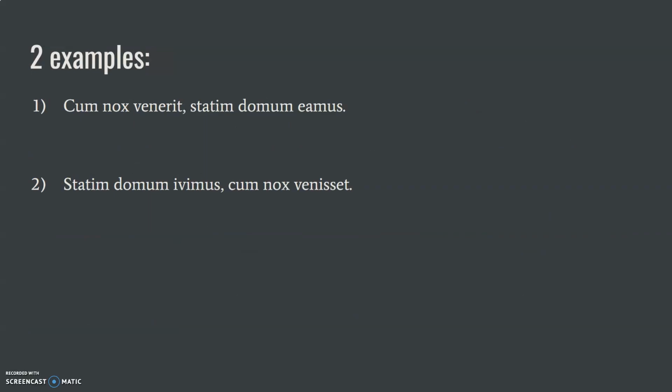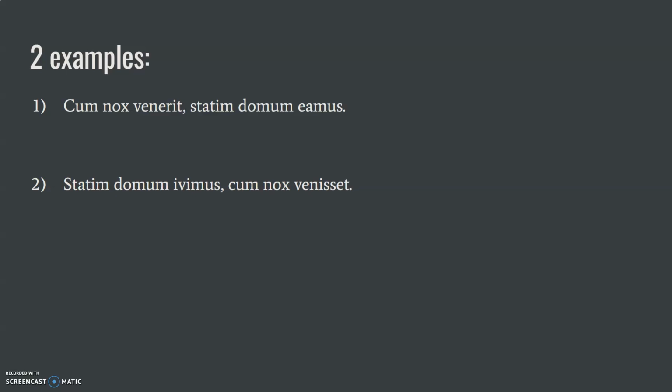Cum nox venerit statim domum eamus. So, once again, split it off. Cum nox venerit, there's our cum clause, starts with cum, ends with the verb. Statim domum eamus. So we have our main verb eamus, we have to figure out what this is. It's coming from ire. Ea helps remind us that it's a subjunctive. So we have an independent subjunctive here. This is hortatory, so let us go home immediately.